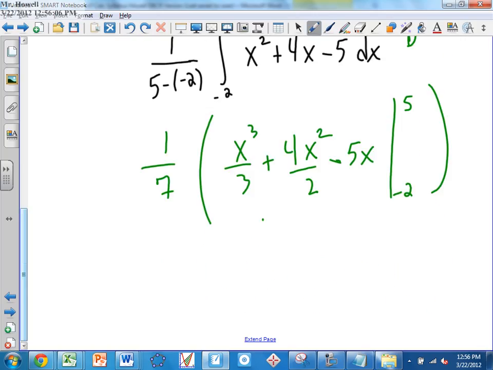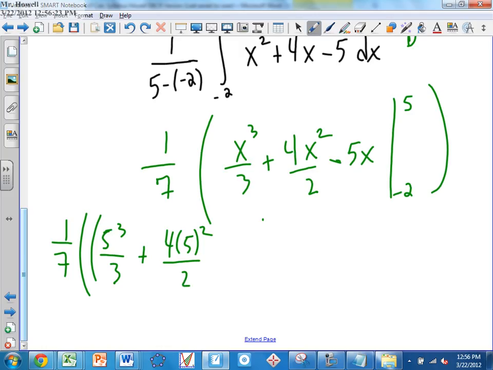At this point, just plug in. Plug in, subtract, and have the 1/7 on the whole thing at the end. Do all the work first, and then plug. What should I reduce this to? 2. That's the upper limit minus the lower limit now.